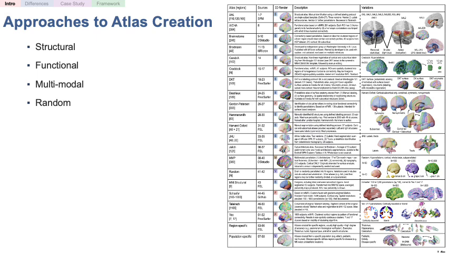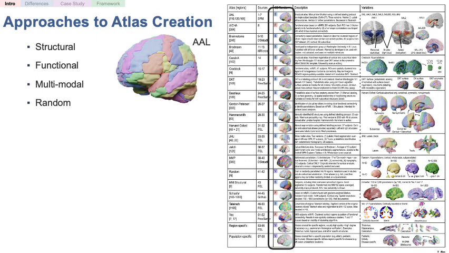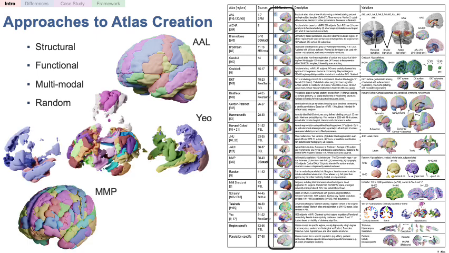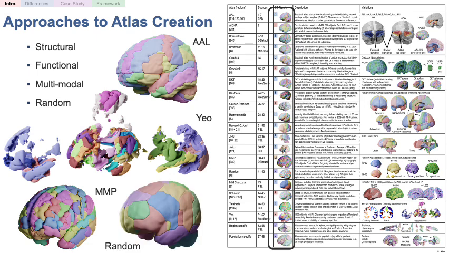Next, talking about different atlas types, they can fall into one of four categories. In the table here, I have listed S for structural atlases, F for functional atlases, M for multimodal atlases that were created using data from multiple modalities, and V for variable atlases, where they can be structural or functional. This includes random atlases where the regions can be entirely random, or you can have random subparcellations of structural or functional atlases.